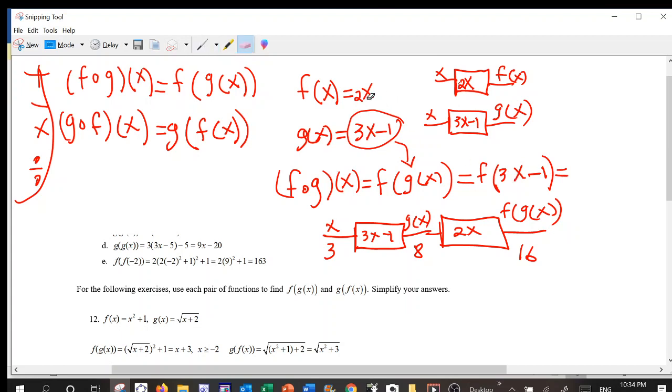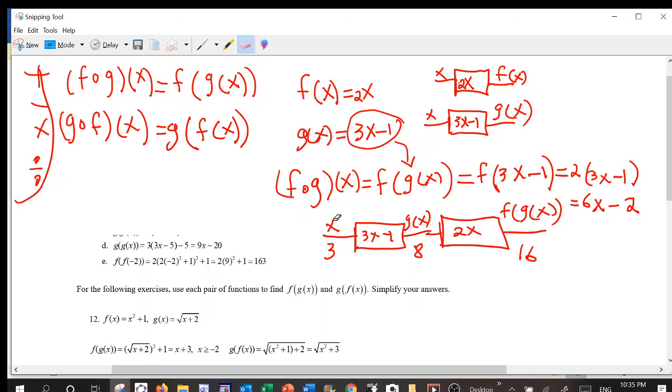That something becomes the input of f. So that would be 2 times input, that's what f is, and input is 3x minus 1. So we just put 3x minus 1 here, which is going to be 6x minus 2, right? So that's our function f compose g of x.